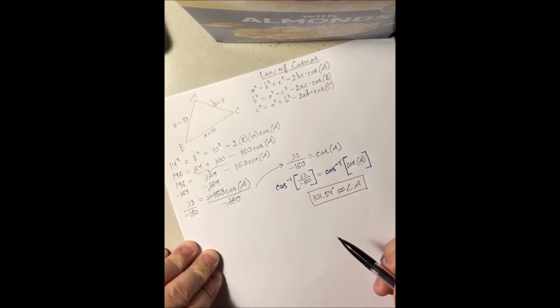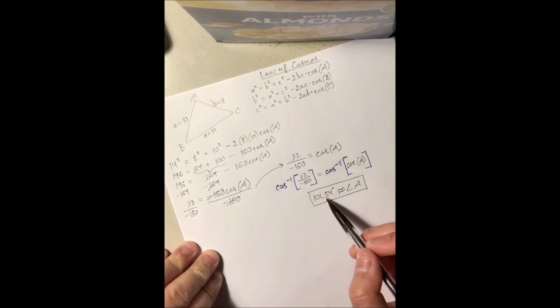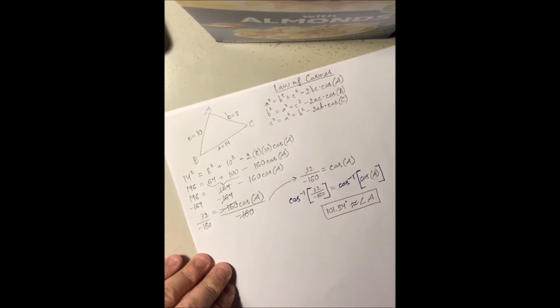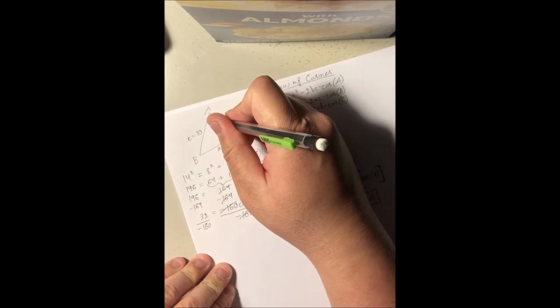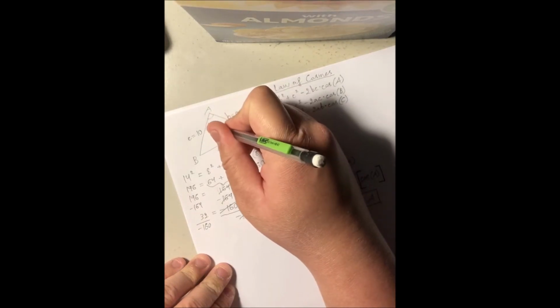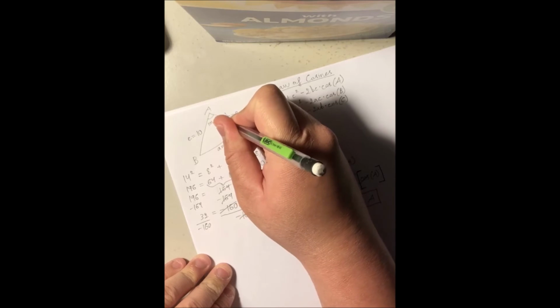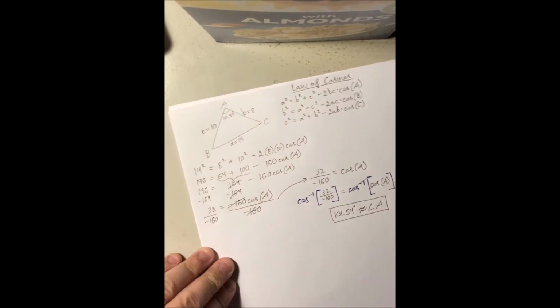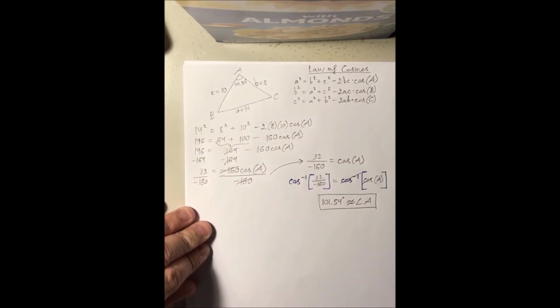Make sure you always follow the instruction from your teacher or on your test as to whether you have to round the degree to the nearest hundredth, to the nearest tenth, or to the nearest whole number. So capital A is 101.54 degrees. So put it there.